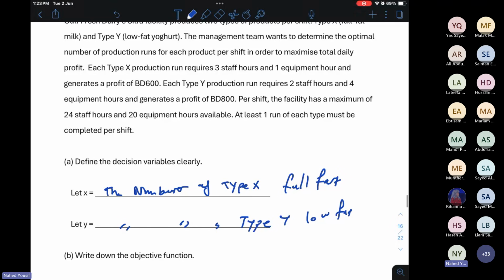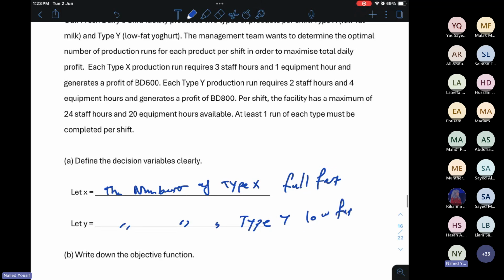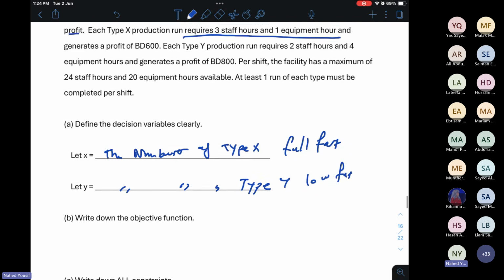The management team wants to determine the optimal number of production runs of each product per shift in order to maximize the daily profit. Each type of X production run takes 3 staff hours and 1 equipment hour. So we have a staff function and another function, which is the equipment.